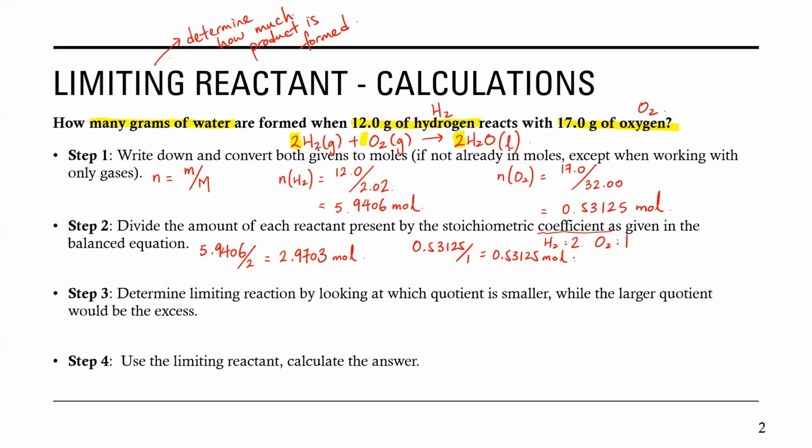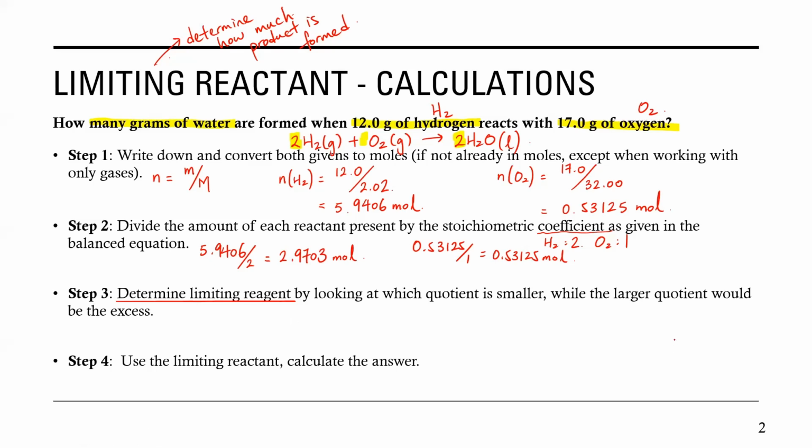But that's not the end, right? So that goes into the third step. After you find step 2, you have to do step 3, which is to conclude on who is the limiting reactant. In this case, we are looking at the limiting reagent being the smaller one.